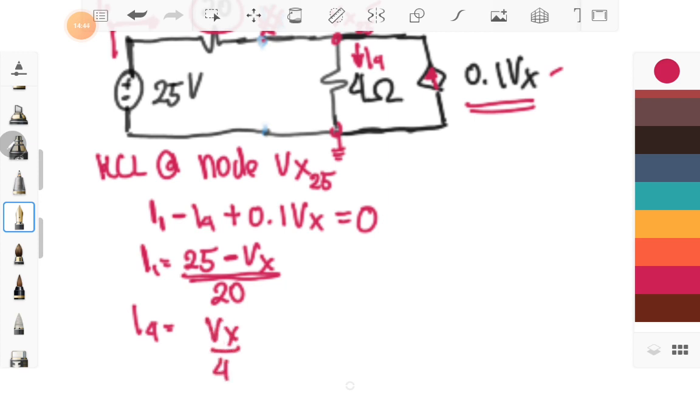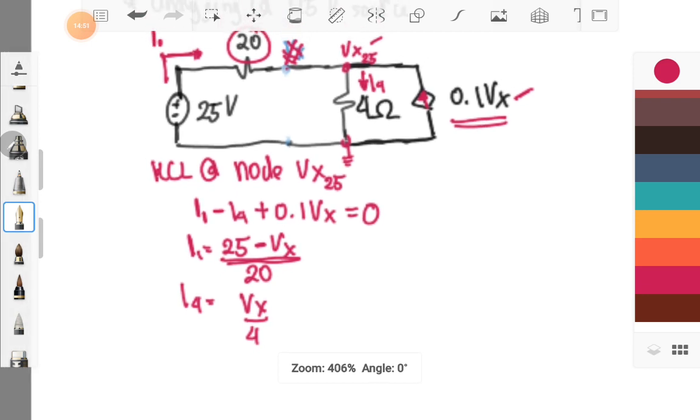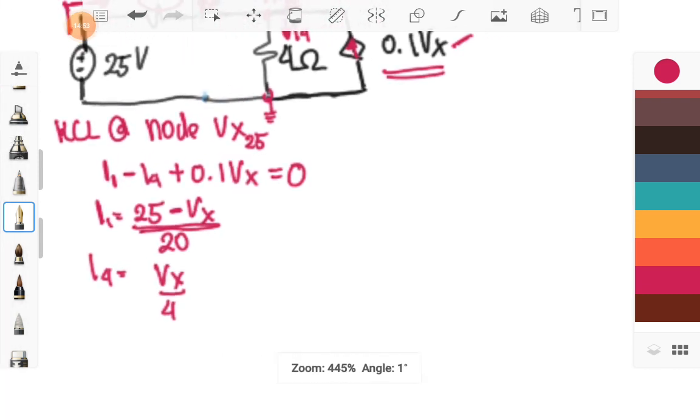Okay, so do we need to still find for the Vx of this one? No, because it is already well represented in our problem. So substituting I1 and I4. Okay, so let us substitute your I1 and I4.